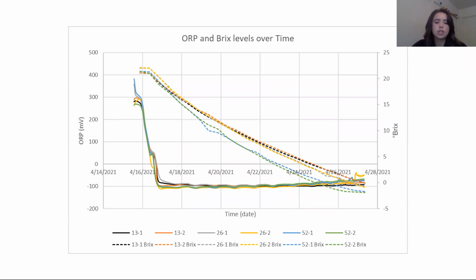And this data shows us that there's this range of minimum redox potential that the yeast will hit during fermentation, with the most positive being negative 100, meaning that something in the fermentation environment is ensuring the juice gets down to at least negative 100.